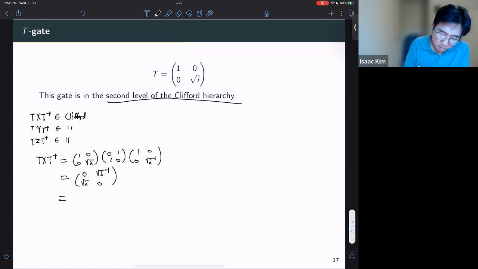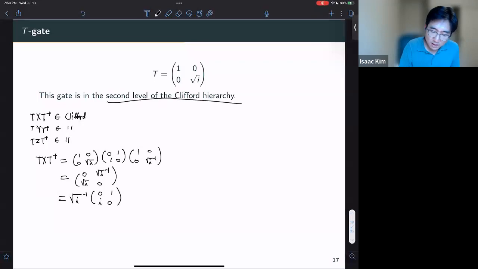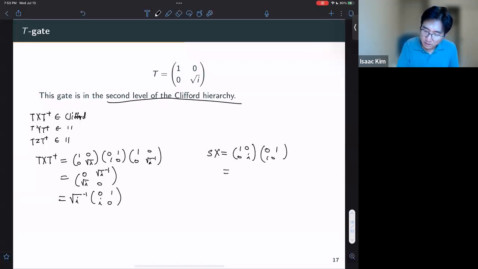If I pull out the phase factor, I get this thing. It turns out that this is exactly equal to S times X. S was this diagonal gate, and X was this thing, and this ends up being that.